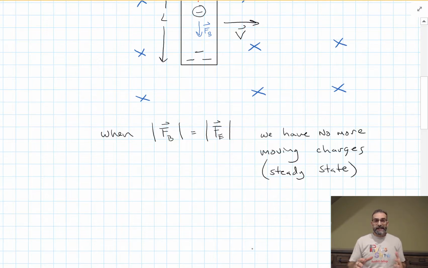Our conductor is in a steady state after a certain amount of time passes, and the electric force and the magnetic force are equal and opposite. No more charges are moving, and our conductor is just moving through the magnetic field at a constant velocity.